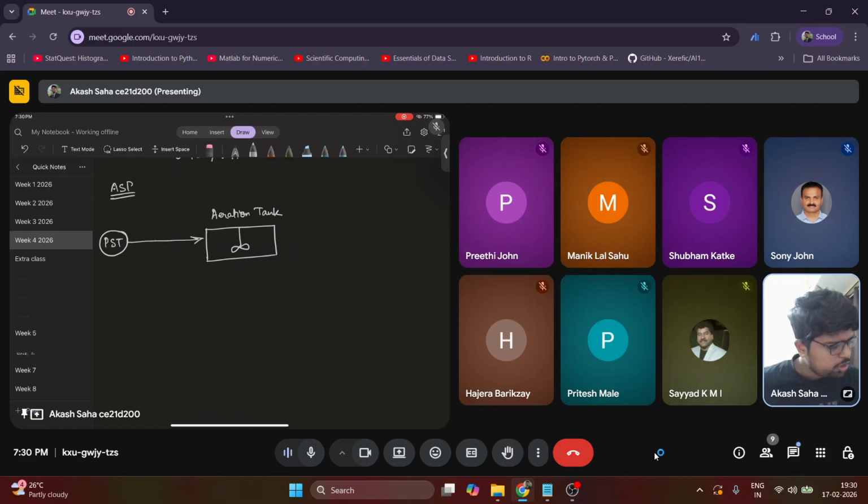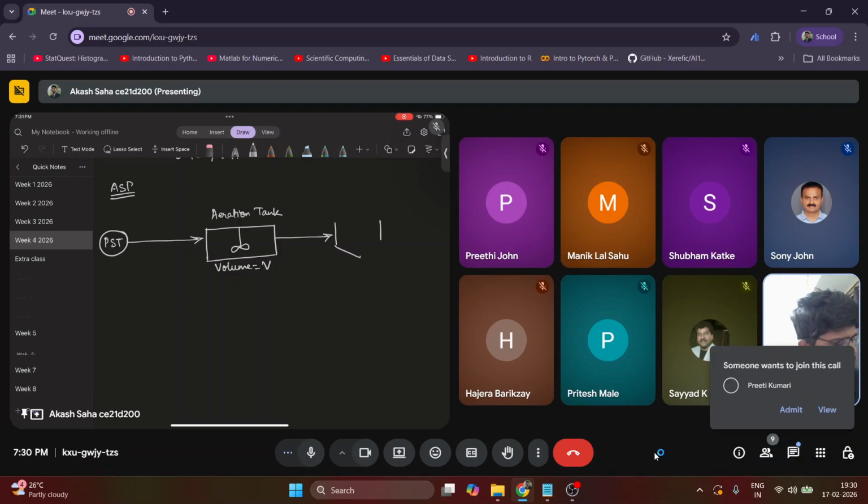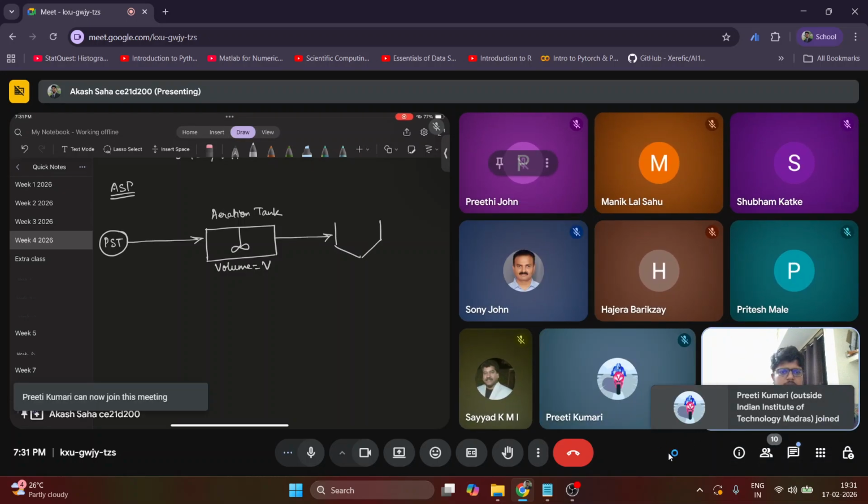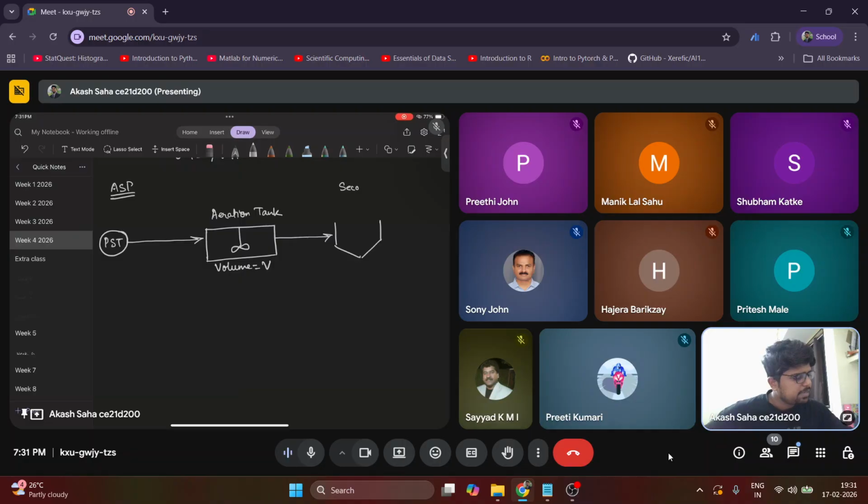Suppose the volume of this aeration tank is V. From this aeration tank, the flow goes into a sedimentation tank, or we will call it the secondary sedimentation tank. Earlier one was the primary, here the secondary.